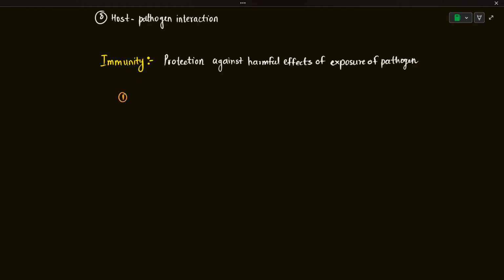The first one is innate immunity. This type of immunity is the one that we possess by birth, and the other immunity that we develop over the time is known as adaptive immunity. So we are blessed with immunity since birth.